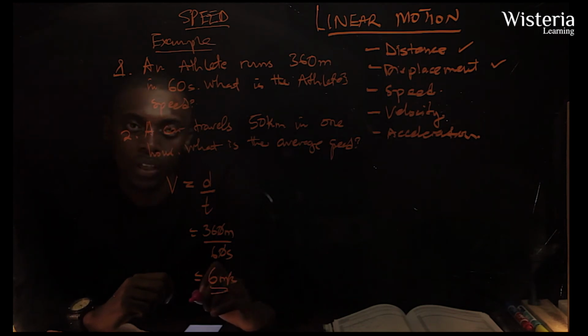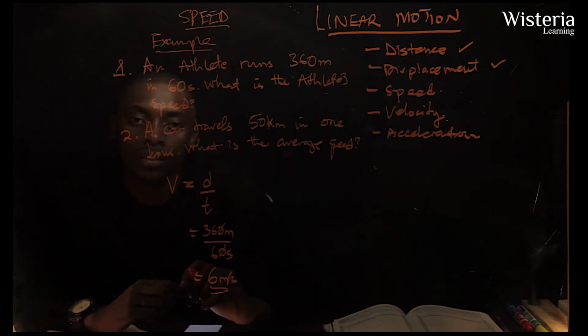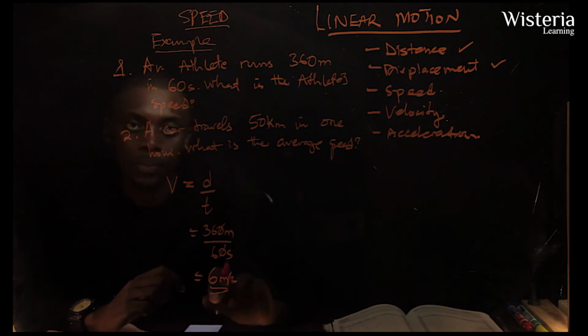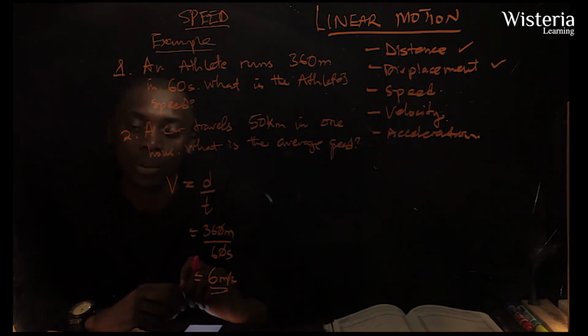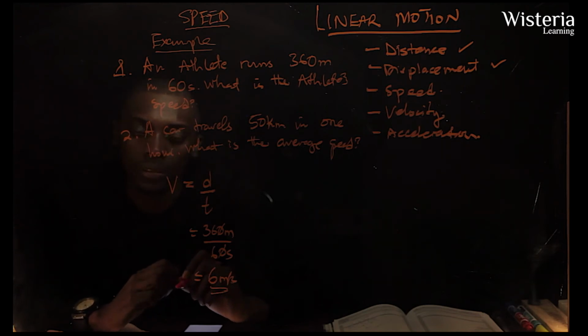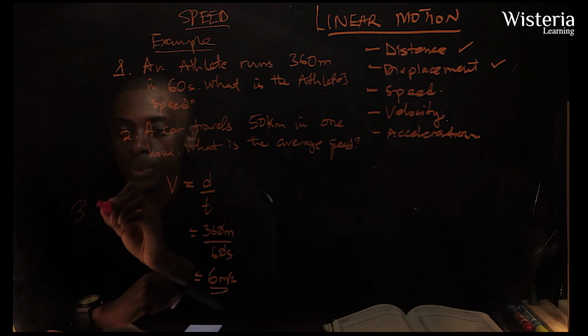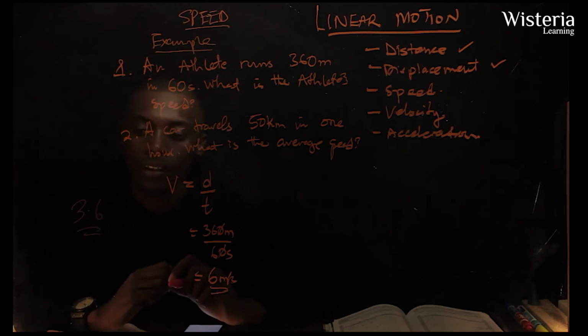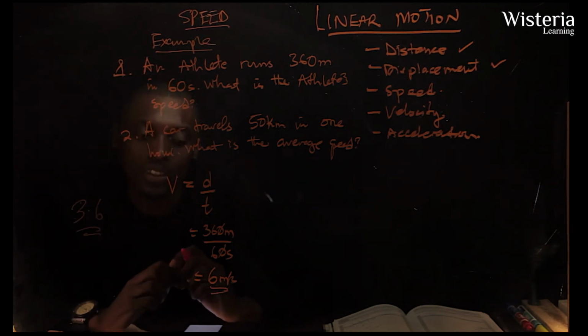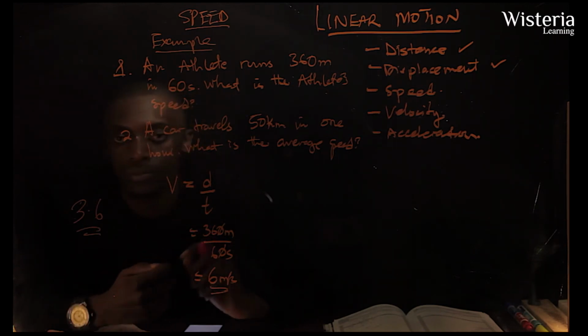In the case where they ask you to convert this speed to kilometers per hour, we'll now introduce to you what we call a converting factor, which is 3.6. This number is a converting factor which we can use in order to convert from meter per second to kilometer per hour, or vice versa.